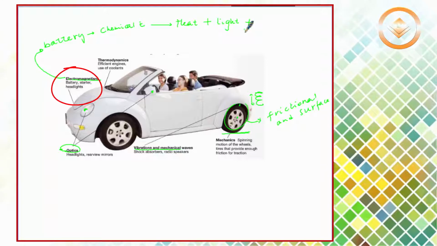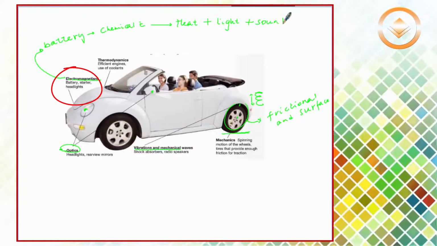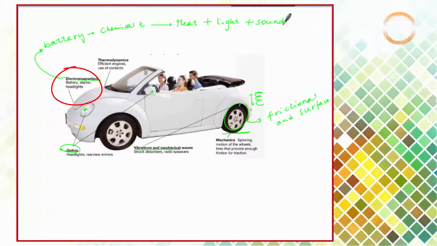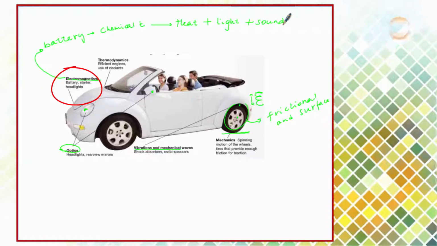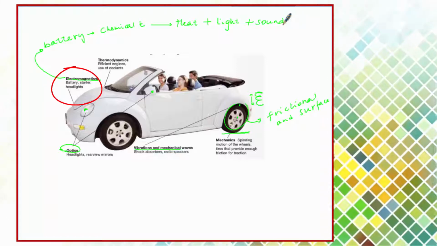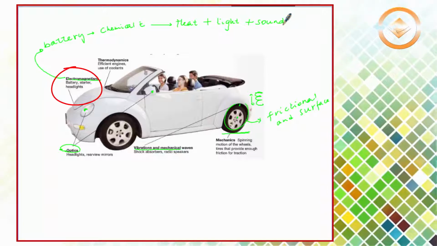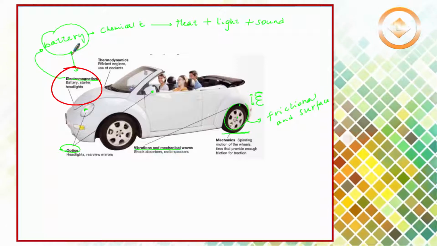If you have a CD player in your car, you will also get sound energy. So this battery provides the car heat, light and sound. So a branch of physics that studies how this battery works is called electromagnetism.